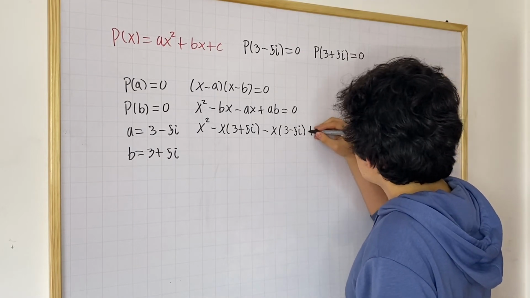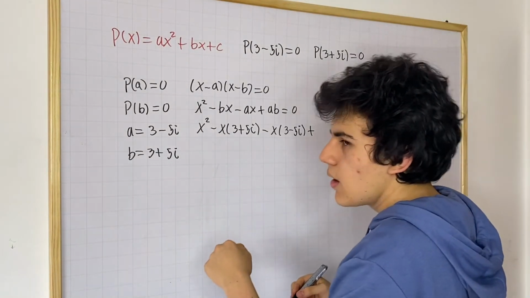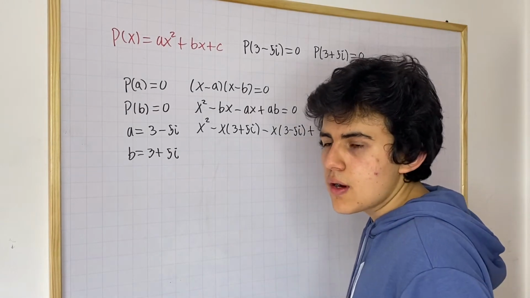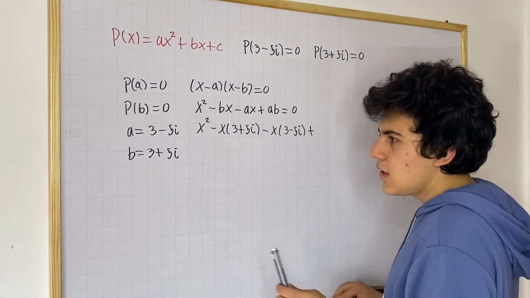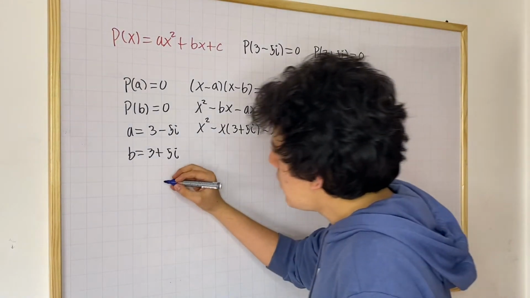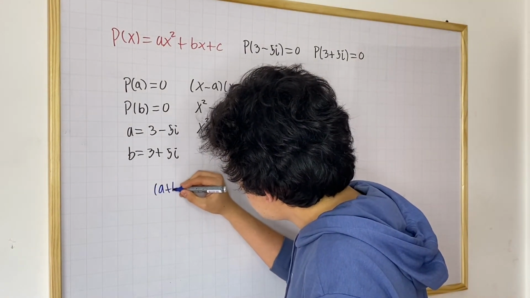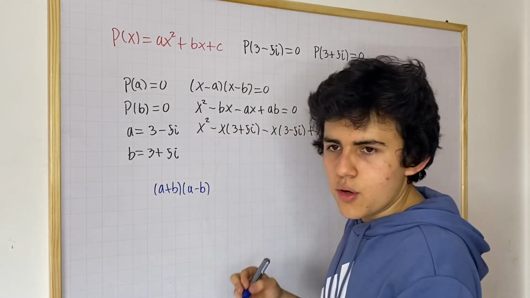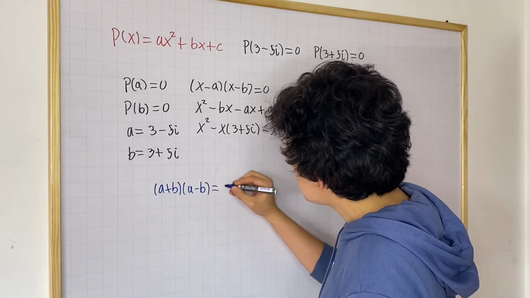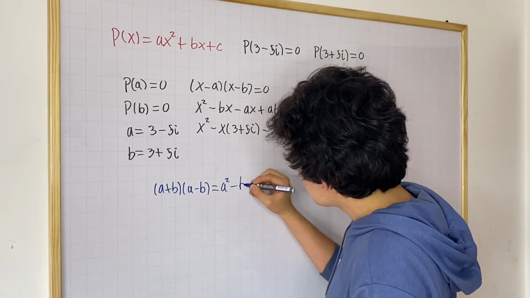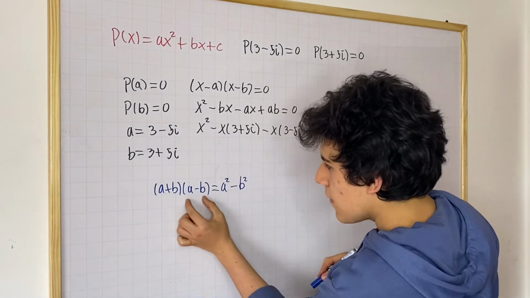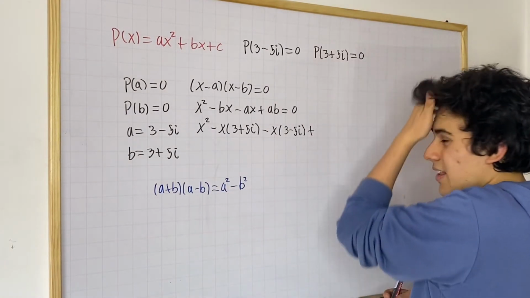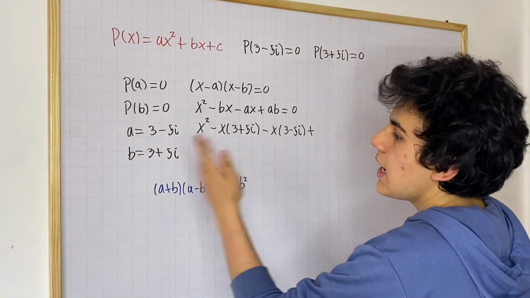And I want to show you something pretty cool right now. If you have a conjugate and you're multiplying those two conjugates together, what do you have? So this is something that I want you to see. If you have a plus v times a minus v, well, you know from your basic algebra classes that this is just simply a difference of squares. You can just grab this factor and put a square on both of the terms. And that is exactly what we have with a and b.